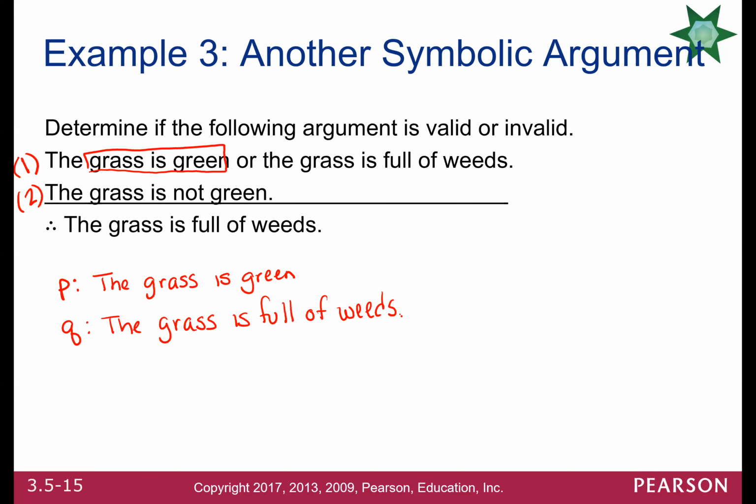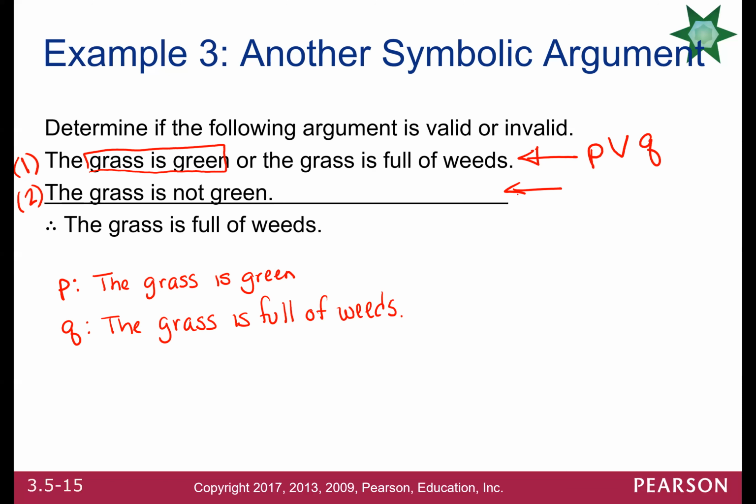So my first premise is the grass is green or the grass is full of weeds. So this is a disjunction. The grass is green or the grass is full of weeds. So my first premise is P or Q.